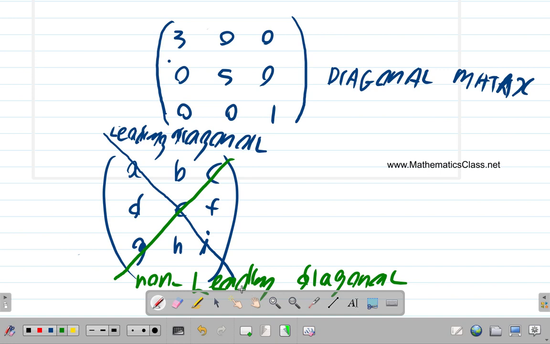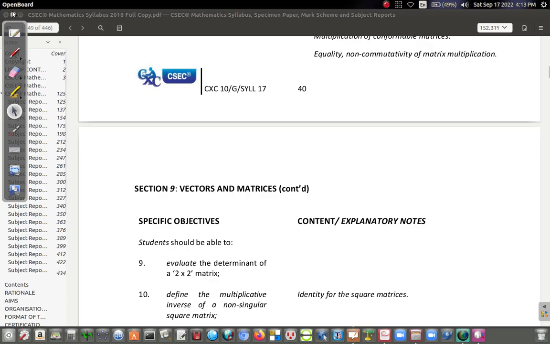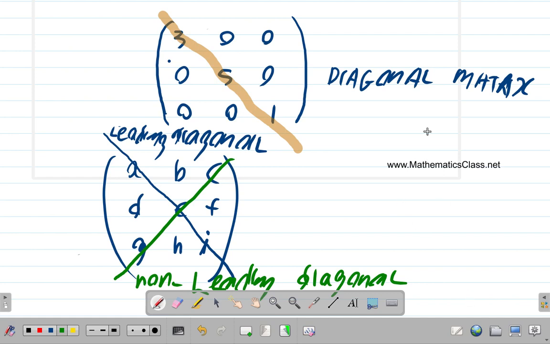Now, anytime you have a matrix where the elements that run from upper left to lower right are various numbers, but all other elements are 0, you call that a diagonal matrix. So that is a diagonal matrix.